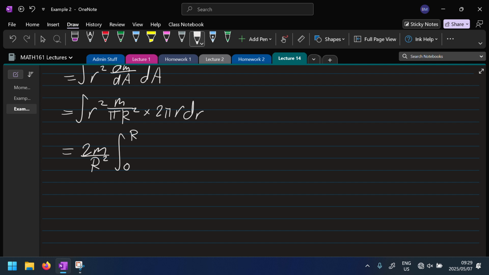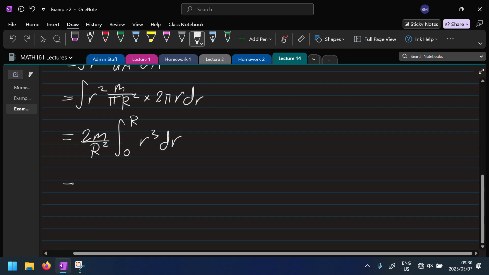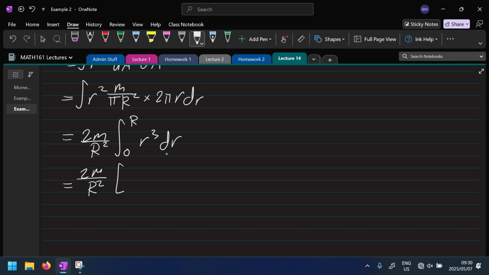We've simplified that inside bit, so that will just become R cubed dr. The constants we took out, R squared and R, that will become R cubed. So that will be 2m over R squared. Integrating this, very easy, 1 over 4 R to the 4.